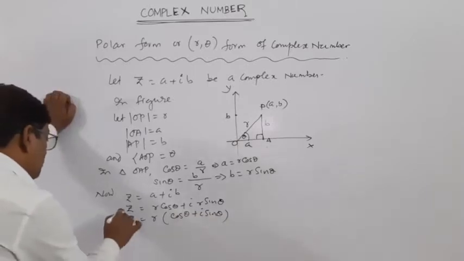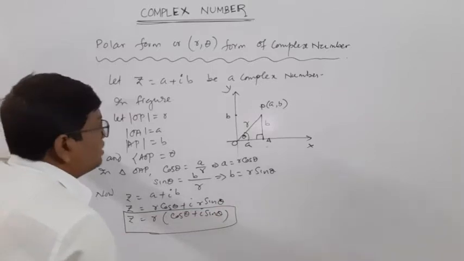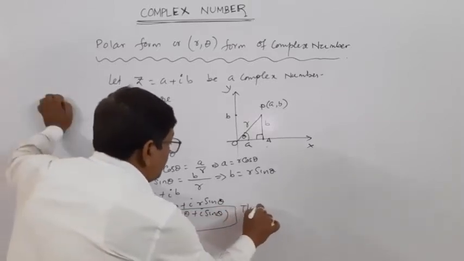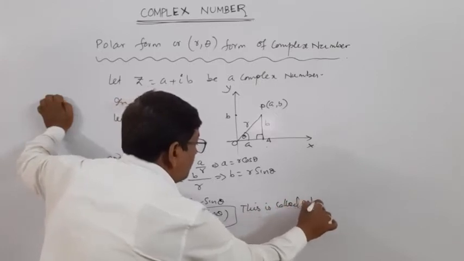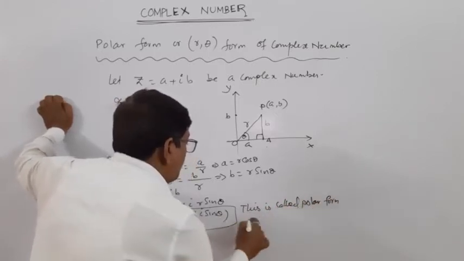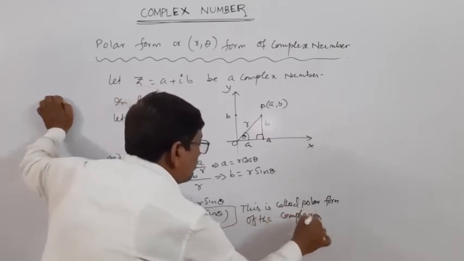This is called polar form of the complex number.